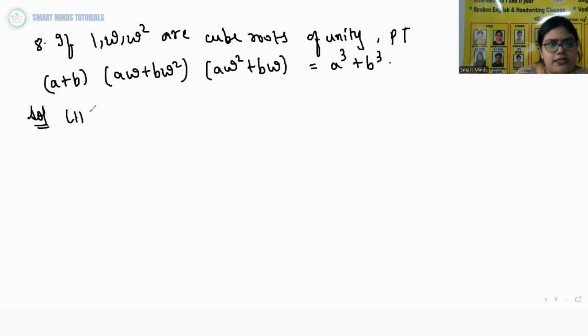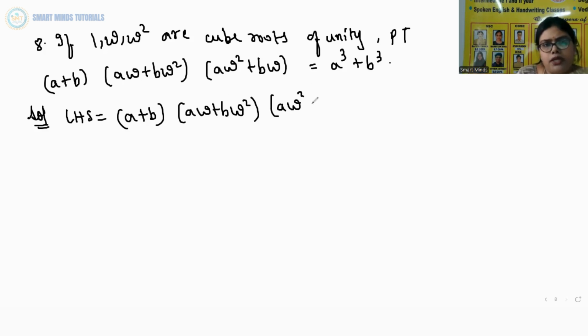Now we will take LHS. LHS is (a plus b) into (a omega plus b omega square) into (a omega square plus b omega).